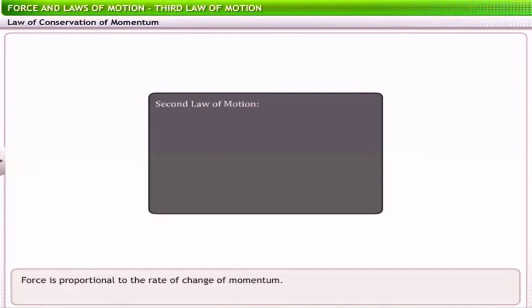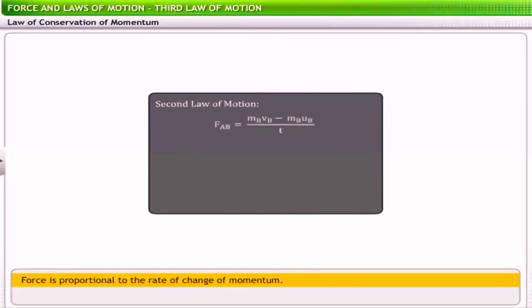We can use the second law of motion to find the relationship between the momentum of the spheres before and after the collision. According to the second law of motion, force is proportional to the rate of change of momentum.